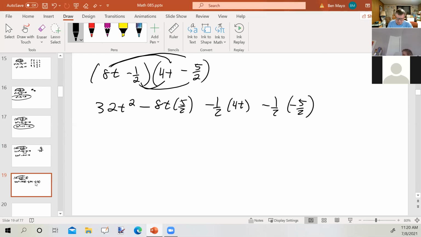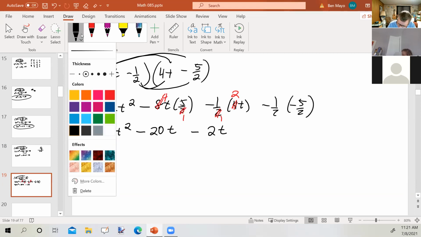Okay? So 32t squared. The 8 in the numerator and the 2 in the denominator reduced to 4 over 1. So now I've got minus 4 times 5 is 20t. The 4 in the numerator and the 2 in the denominator reduced to 2 over 1. So now I've got minus 1 times 2, minus 2t.